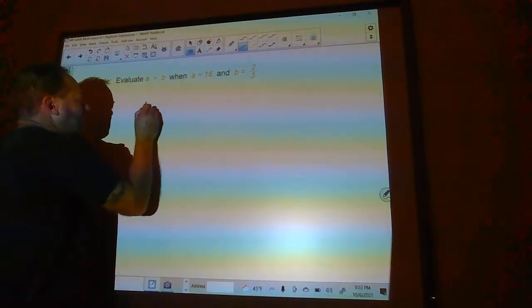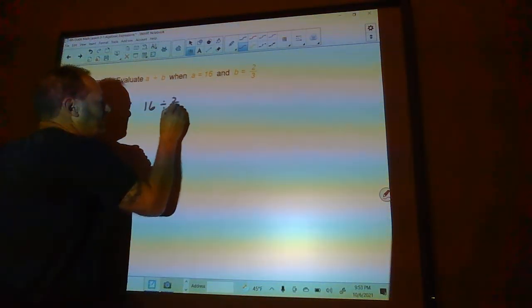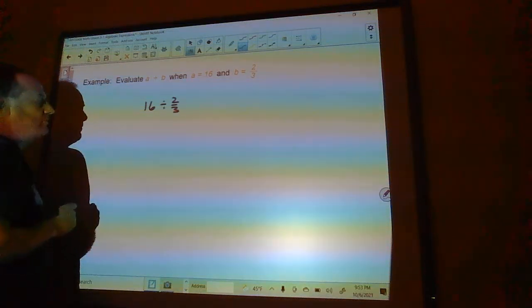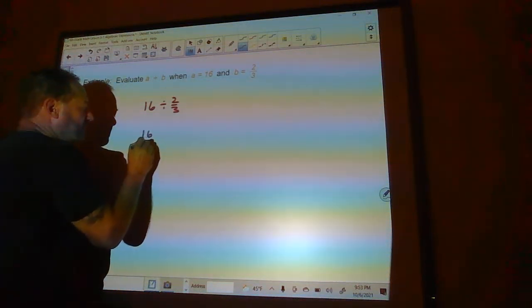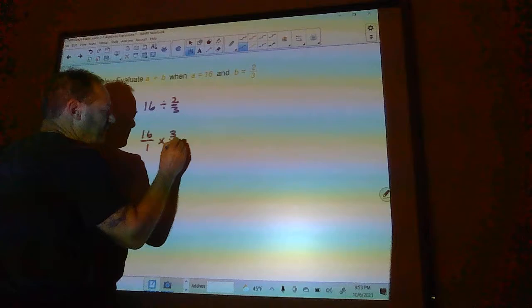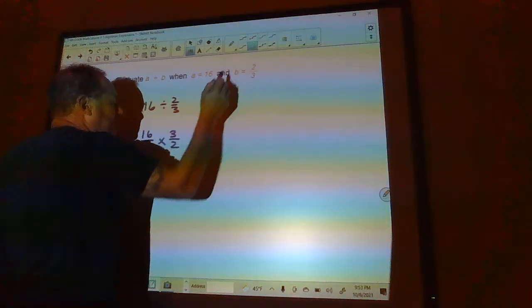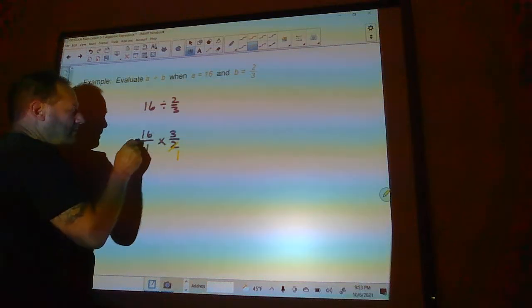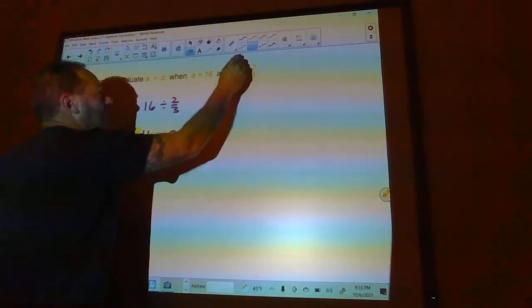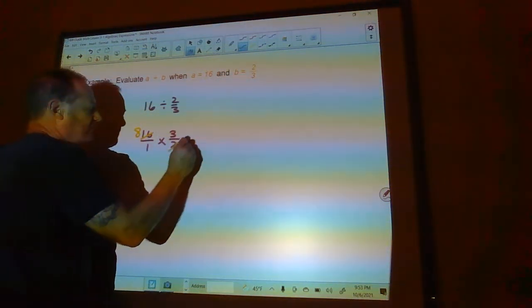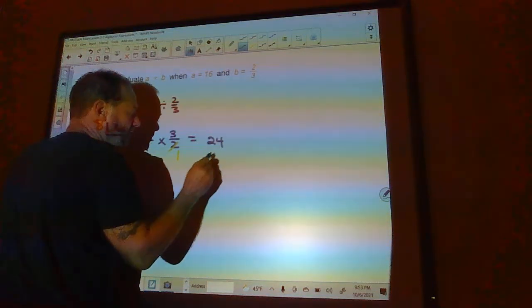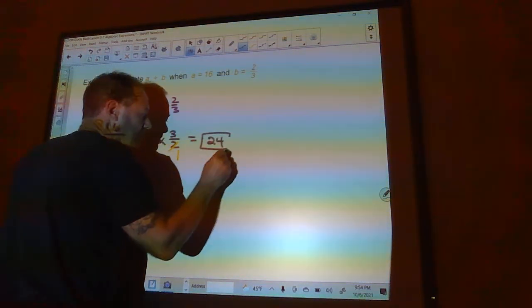So this would be 16 divided by 2/3, which you know to rewrite as 16 over 1 times 3 over 2. And now we can cancel the 2 and the 16, and we get 8 times 3 is 24 over 1, which is just 24.